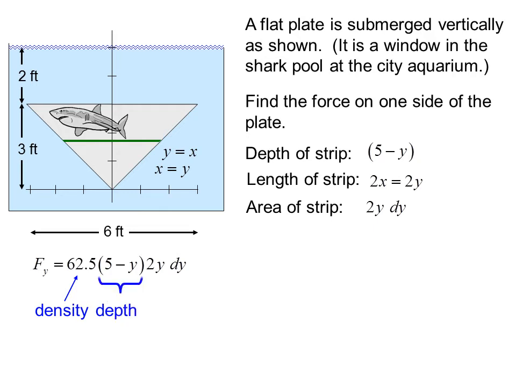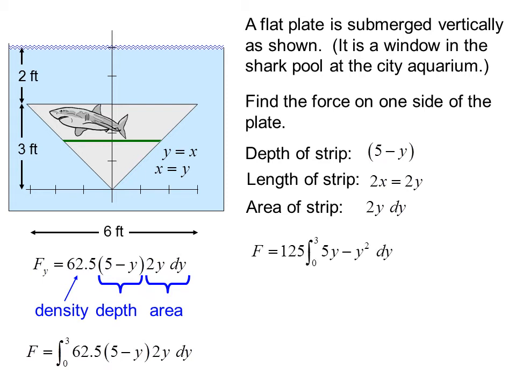The force at y then is density times depth times area, or 62.5 times 5 minus y times 2y dy. Adding up all the strips, we get the integral from 0 to 3 of 62.5 times 5 minus y times 2y dy.